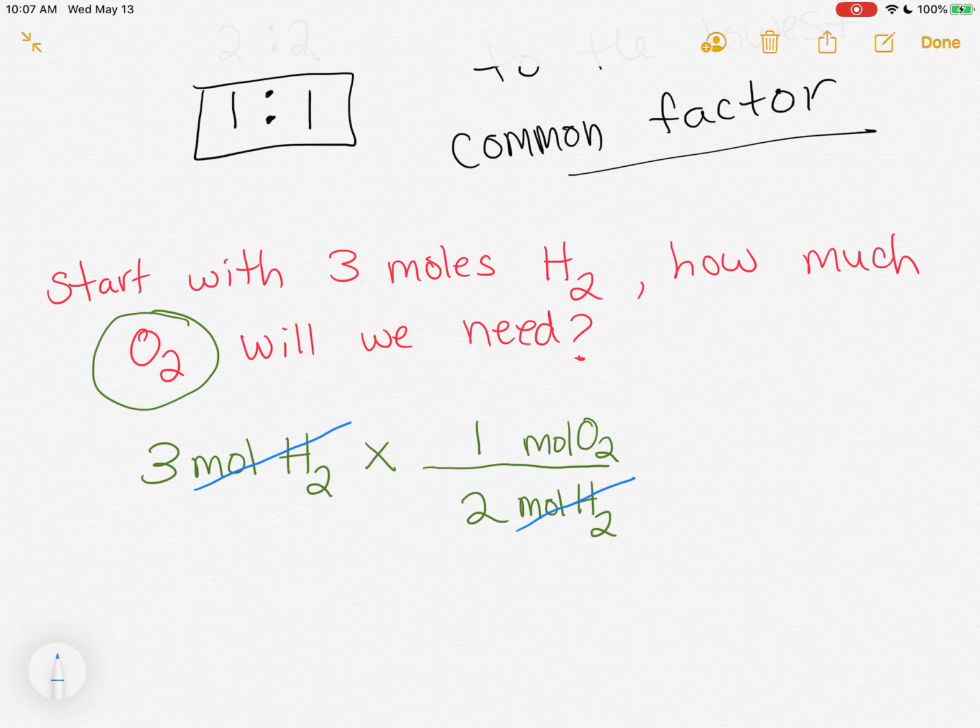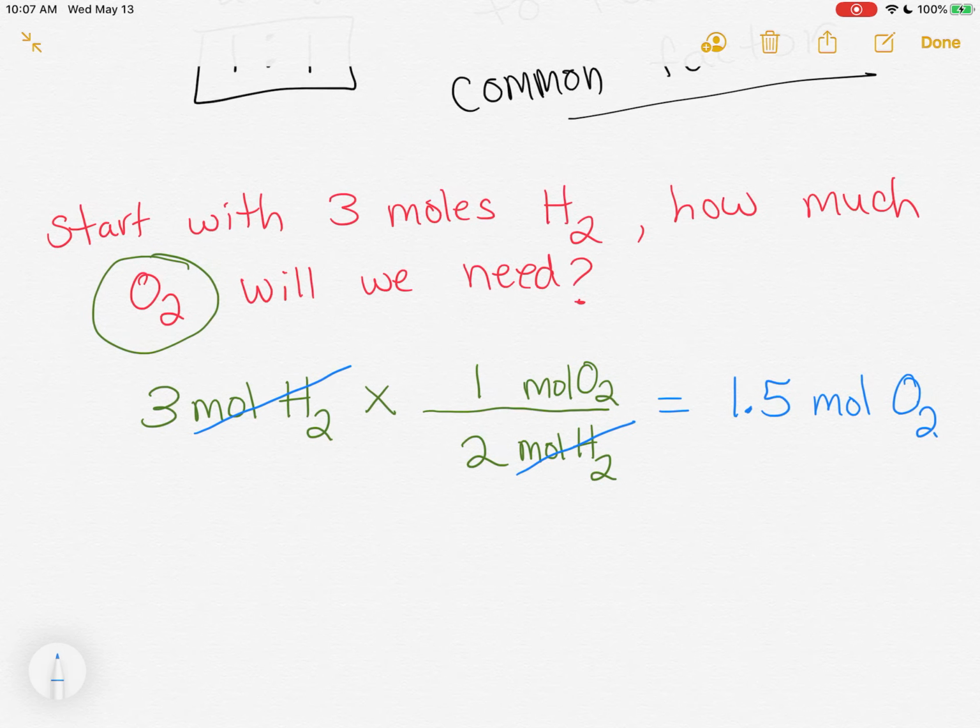Okay, and that's specifically because we want to be able to cancel out those moles of hydrogen so that we're going to be left with moles of oxygen. So when we do that, we're going to get 1.5 moles of oxygen. And now, because we're using a number like 3 and we have a very easy ratio of 1 to 2, that makes a lot of sense that we use half as much oxygen because the ratio is 2 to 1.